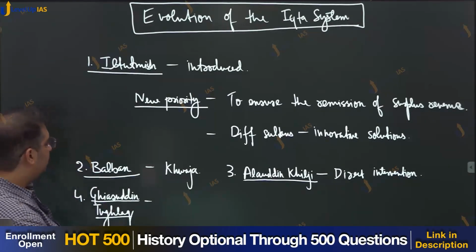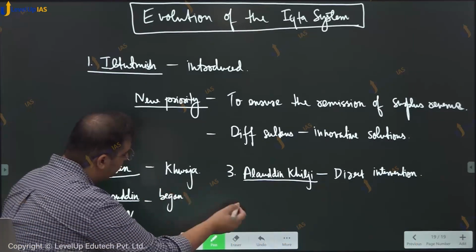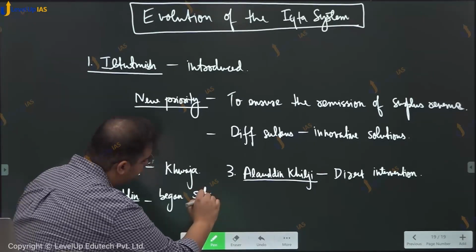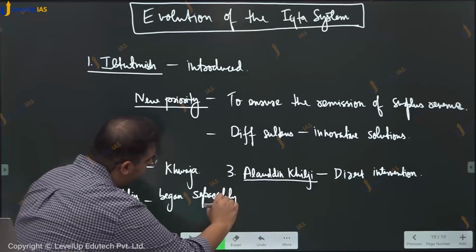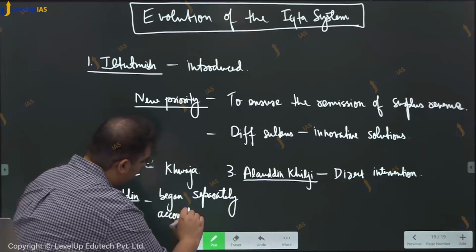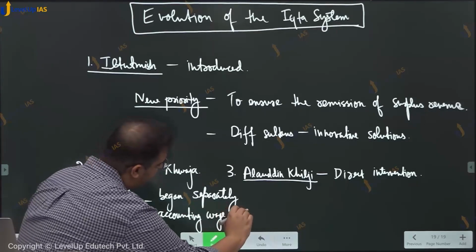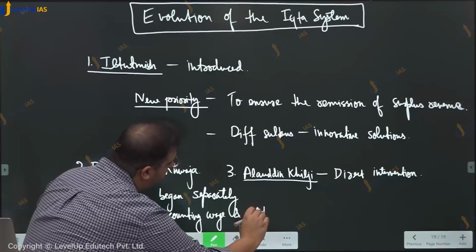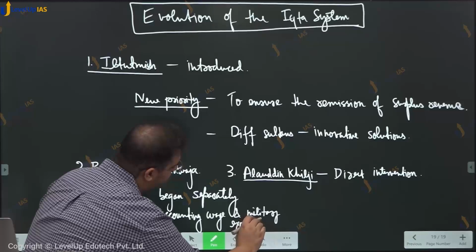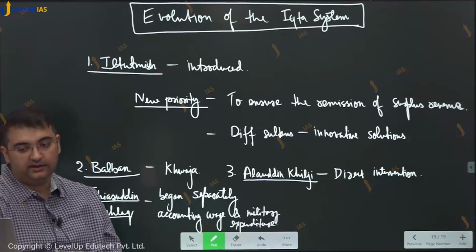So for this, Ghiyasuddin Tughlaq began separately accounting wage and military expenditure. ठीक है, so write down.